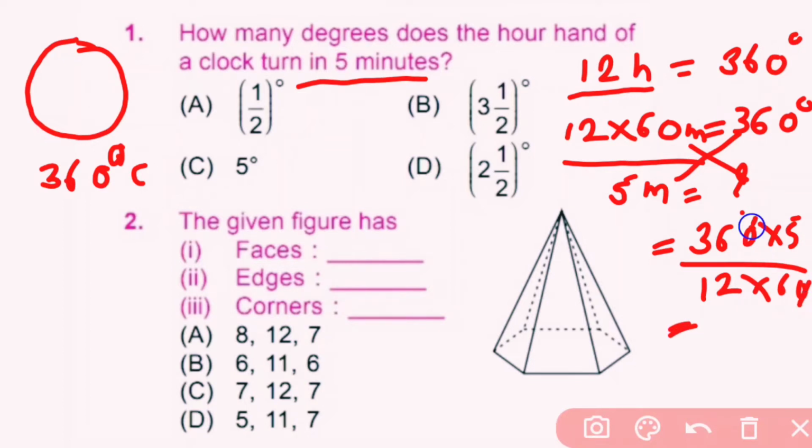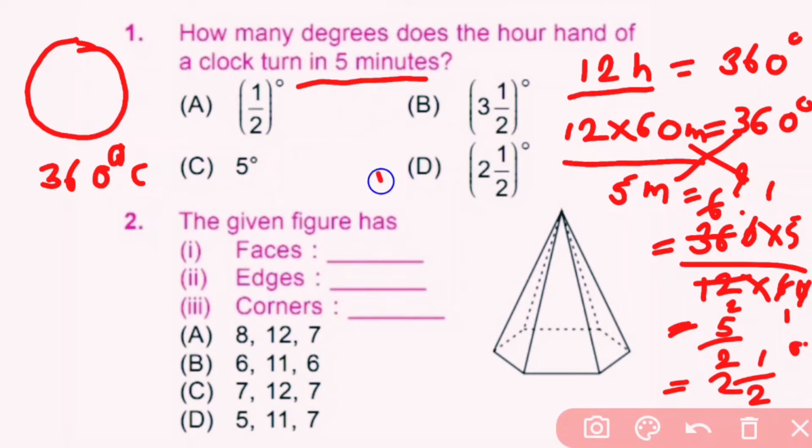Here this 0 gets cancelled. 6 ones are 6, 6 sixes are 36. 6 ones are 6, 6 twos are 12. 5 by 2, we convert it into a mixed fraction: 2 twos are 4, plus 1, 2 and a half degrees. So here D is the correct answer.